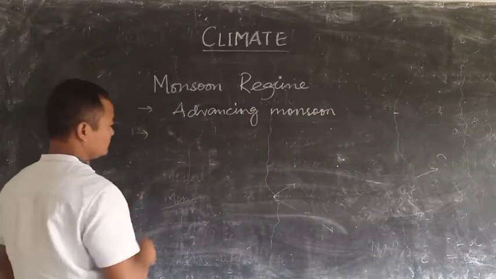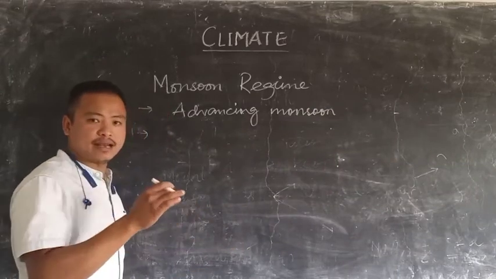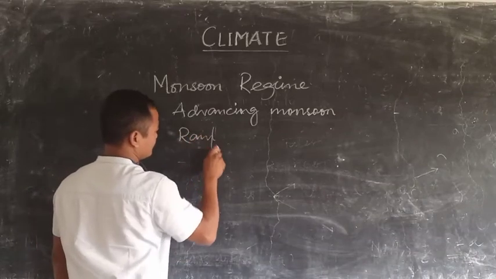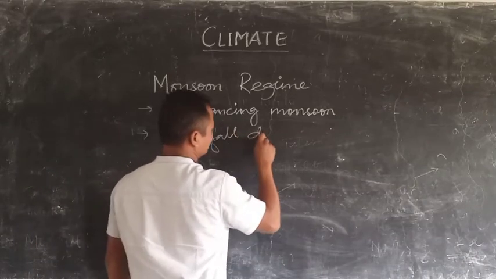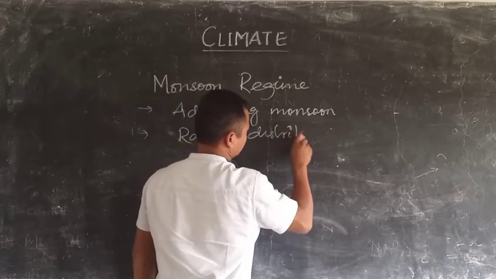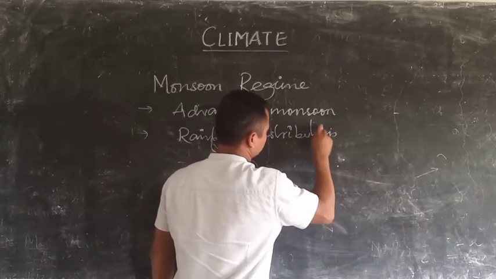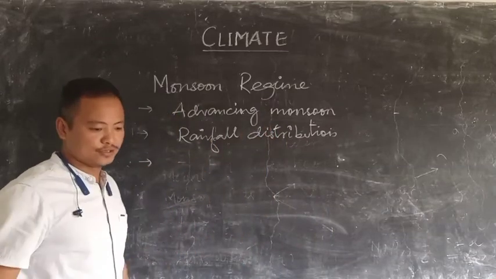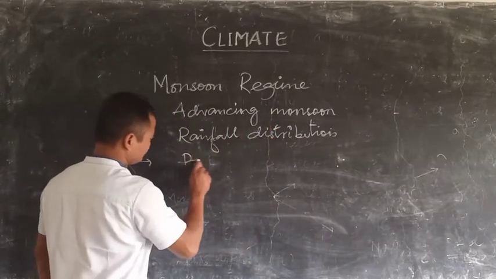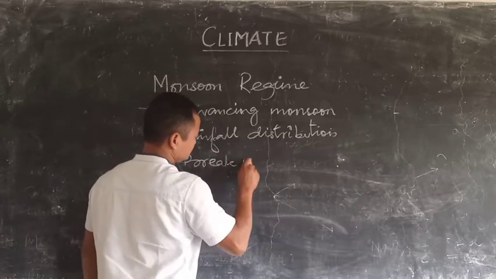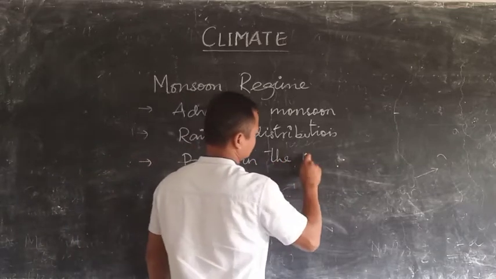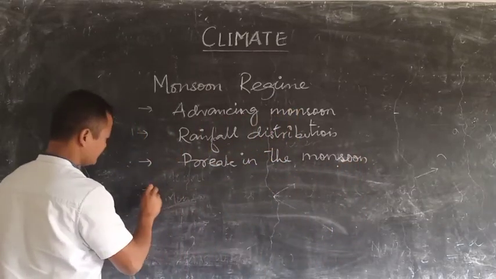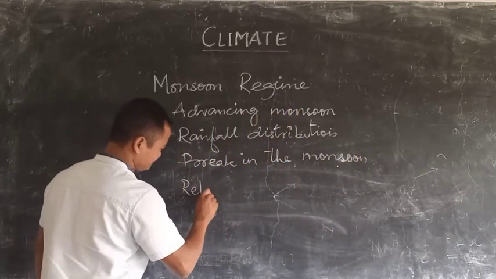The second, you have the rain-bearing system or the rainfall distribution. Third, you have the break in the monsoon. And the last one that we have is the retreating monsoon.